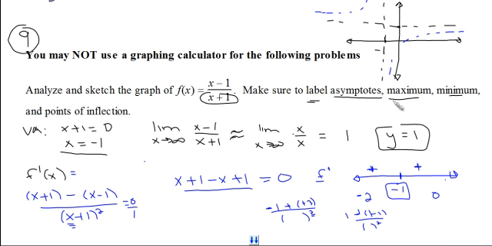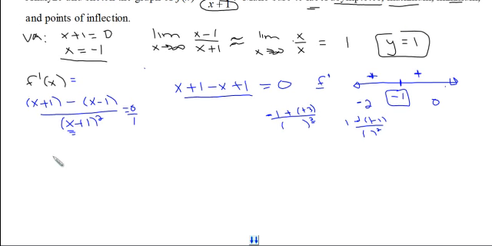So another thing that I'm going to check is my points of inflection. To find my points of inflection, I'm going to go ahead and take the second derivative. Okay, so here's my derivative.